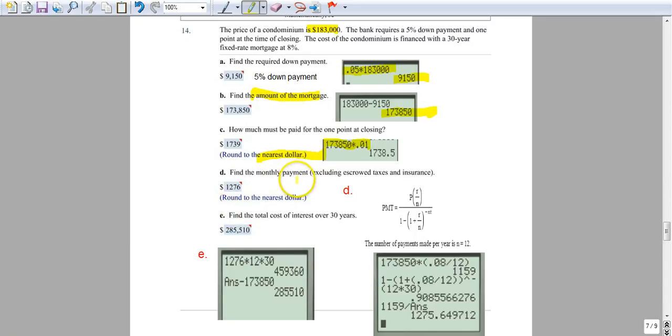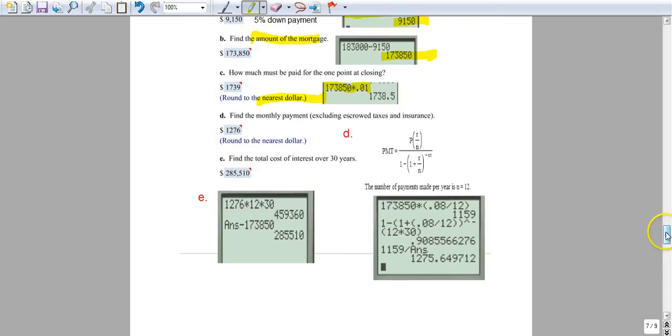Find the monthly payment, excluding escrow tax. To do that, we use this PMT formula, and I'm just going to fill that in. We're making monthly payments, so N is 12, and you can see here that I'm just filling that in. What I did was kind of what I did a minute ago.